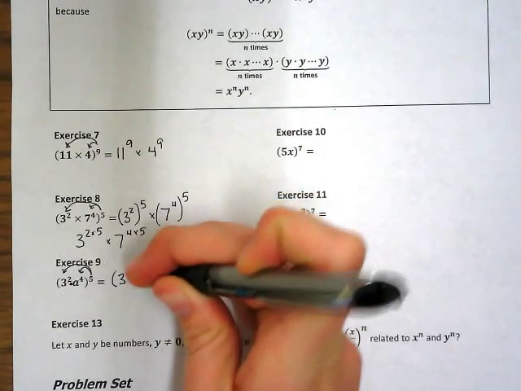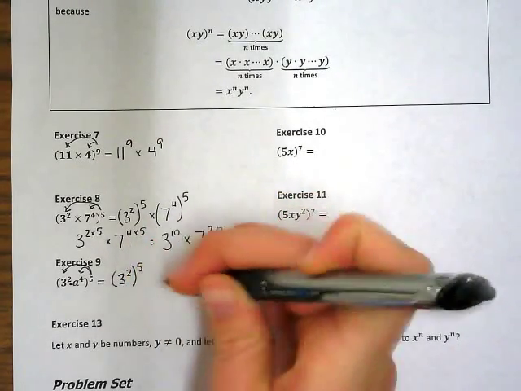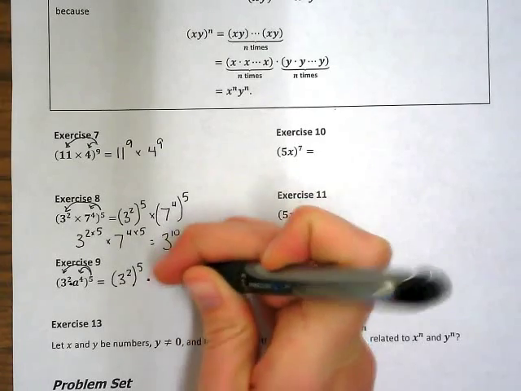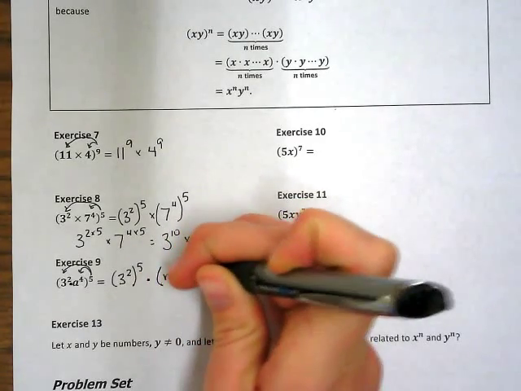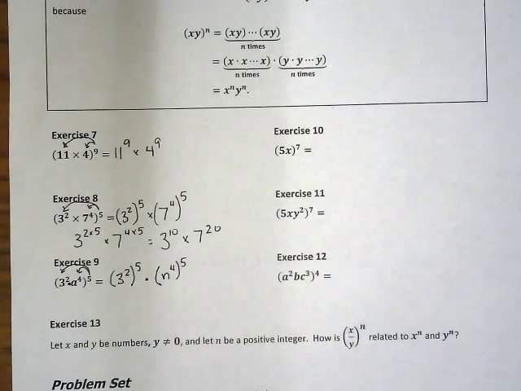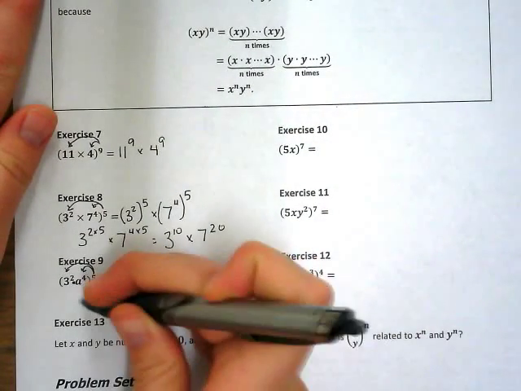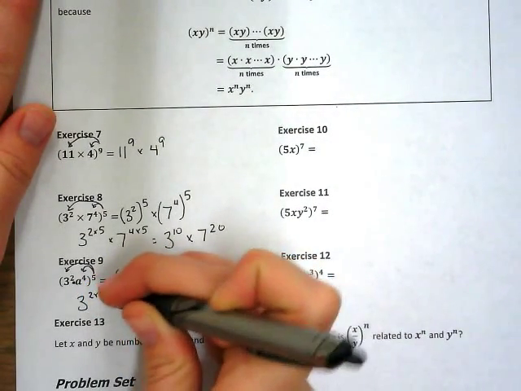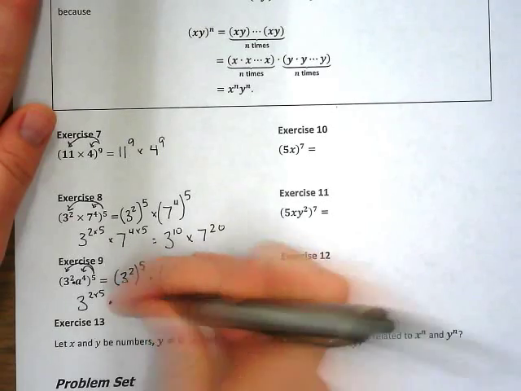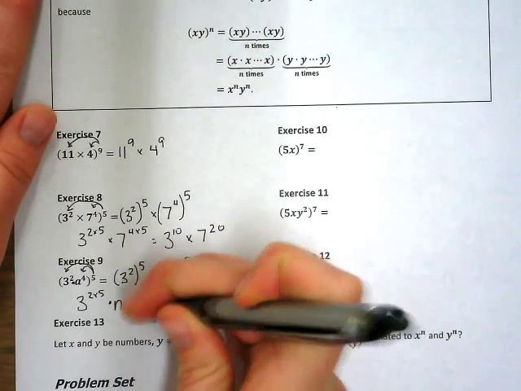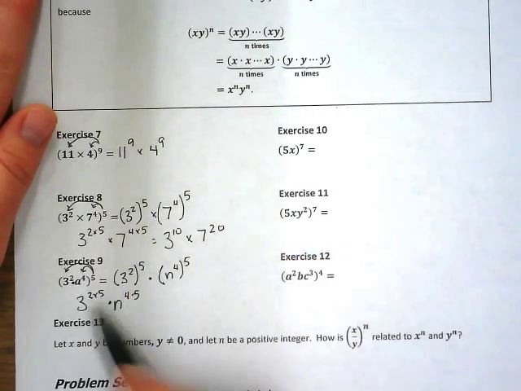So we end up with 3 squared to the 5th times n to the 4th to the 5th. And then again, we'll use what we learned on the opposite side of this sheet to do 3 to the 2 times 5 times n to the 4 times 5.